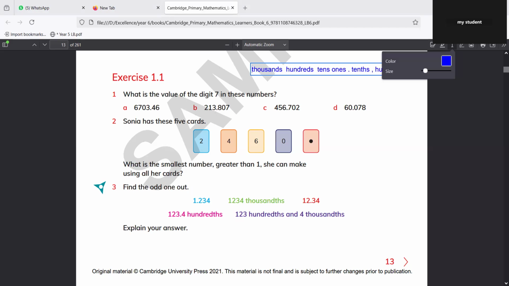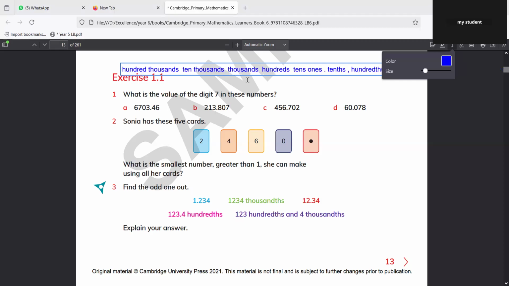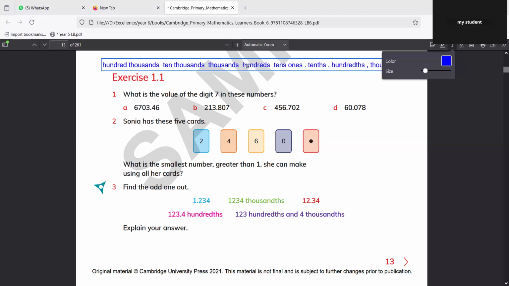And if you'd like to go to the one after, remember all the time it is about ones, tens, and hundreds. So this will be 10,000s. And the one after it will be 100,000s. Okay, so this is how the place value of digits will look like.